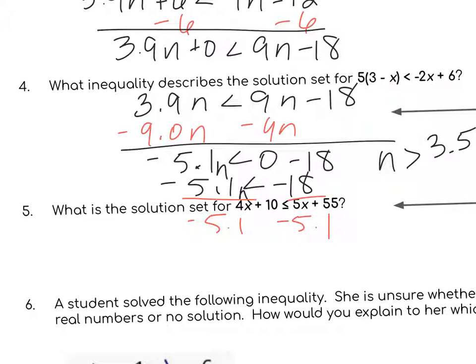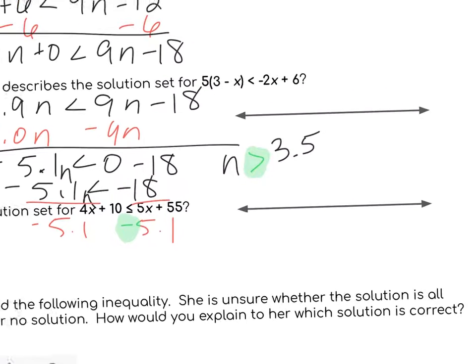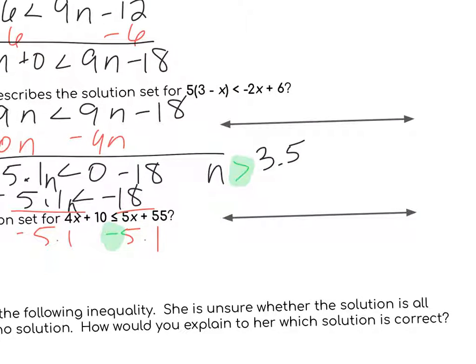Okay, so I divided by negative, so I had to flip the sign around. Okay, so on your number line, 3.5, open circle because it's not equal to, and then to the right because it's greater.